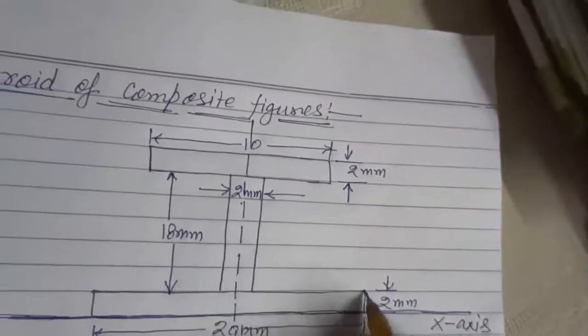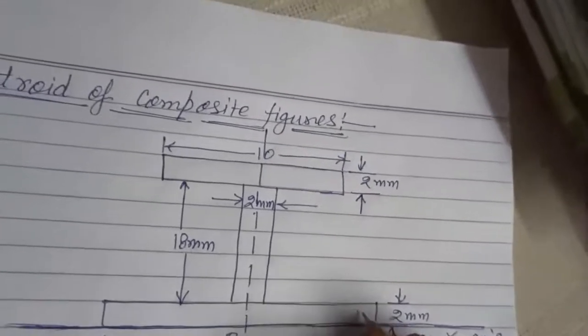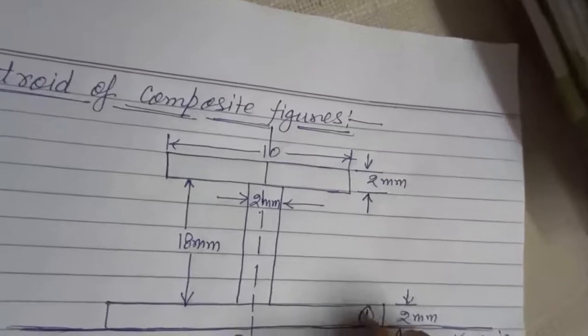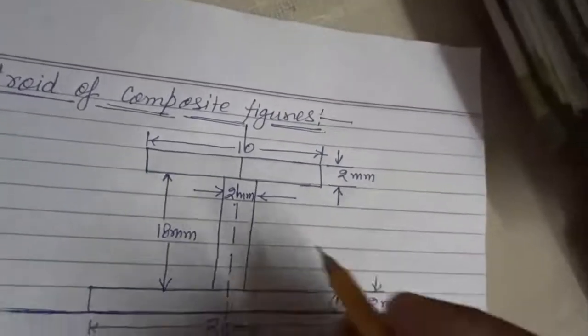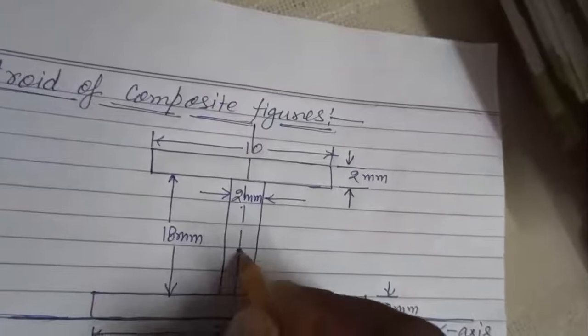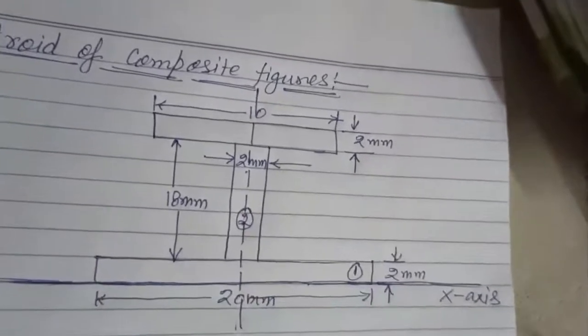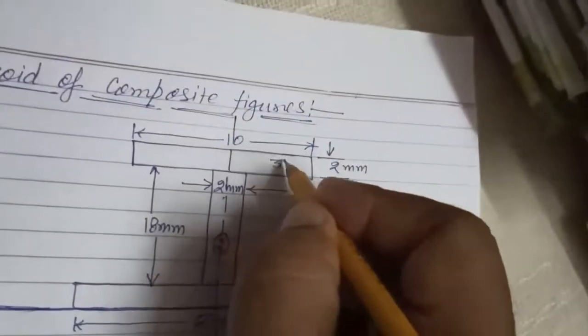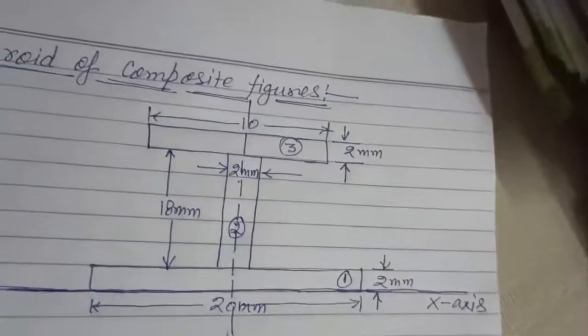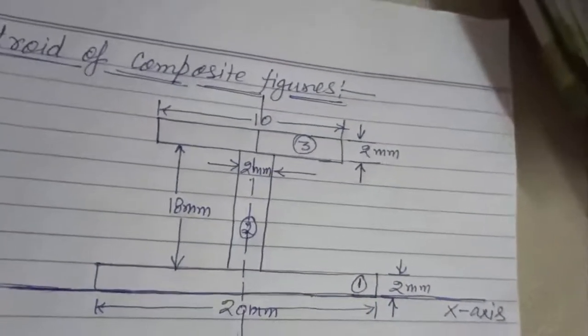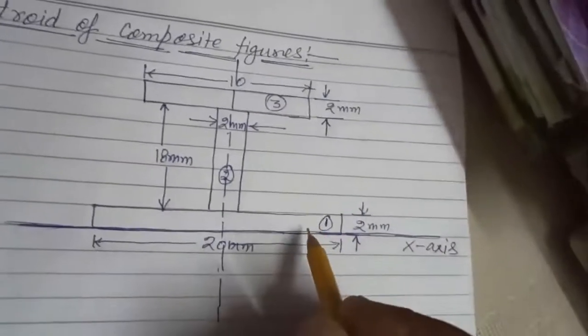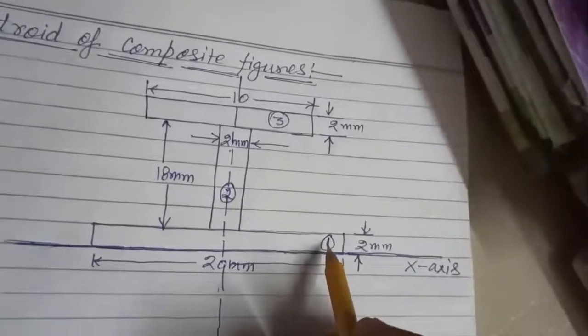This is rectangle number 1, this is rectangle number 2, and this is rectangle number 3. So we have divided this figure into 3 rectangles.